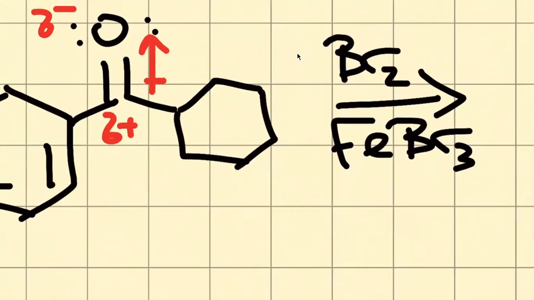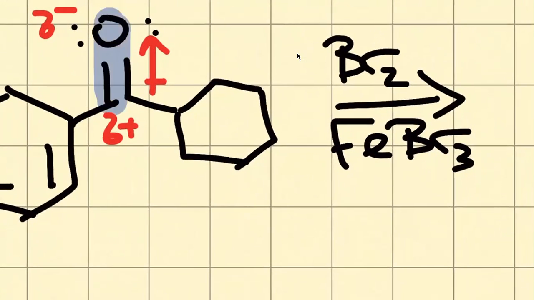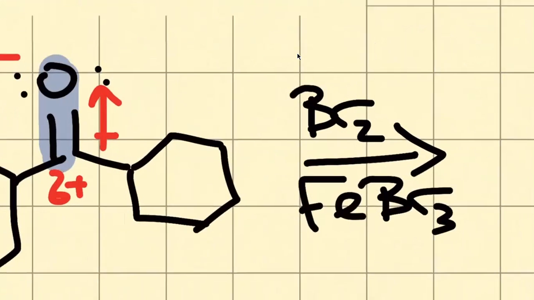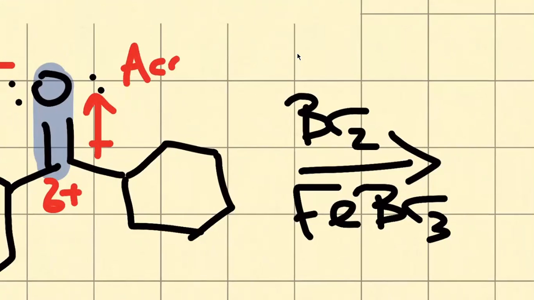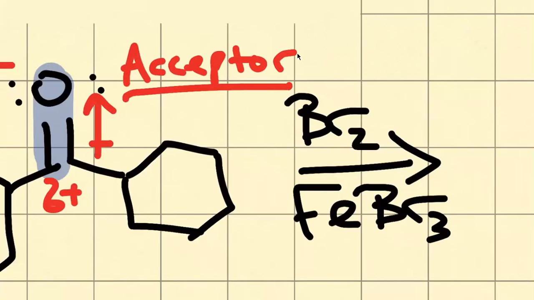So that carbonyl makes this group, just the whole group, just because the ring is attached to the carbonyl, an acceptor. A donor has to be able to push electrons into the ring.